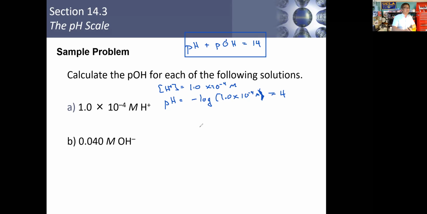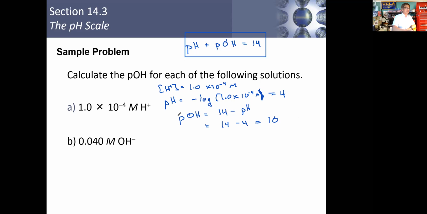To find the pOH, it's going to be 14 minus the pH, 14 minus 4, and so the pOH is going to be 10. However, don't stop here. We can't leave it at 10, because the significant figures are going to be off.